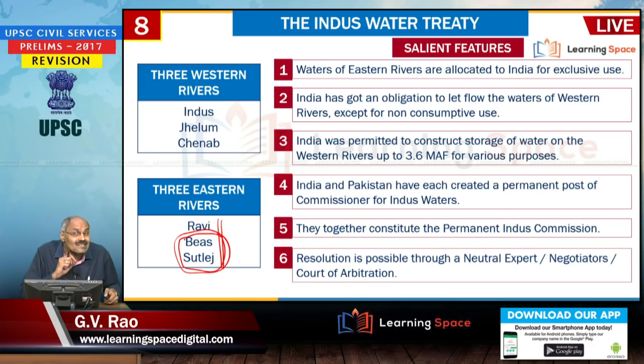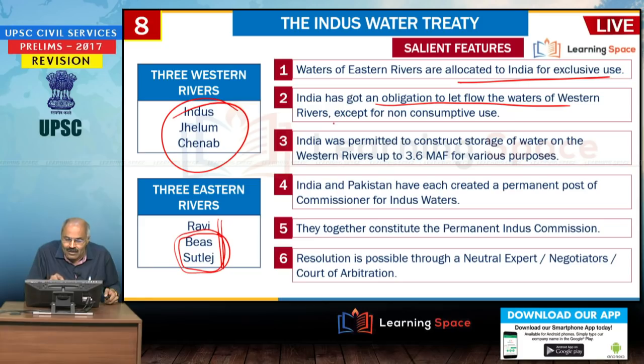These three are eastern rivers, allocated to India for exclusive use. And if you look at western rivers, Indus, Jhelum, Chenab, these western rivers are in fact allocated for Pakistan, and India can use them only for non-consumptive use.